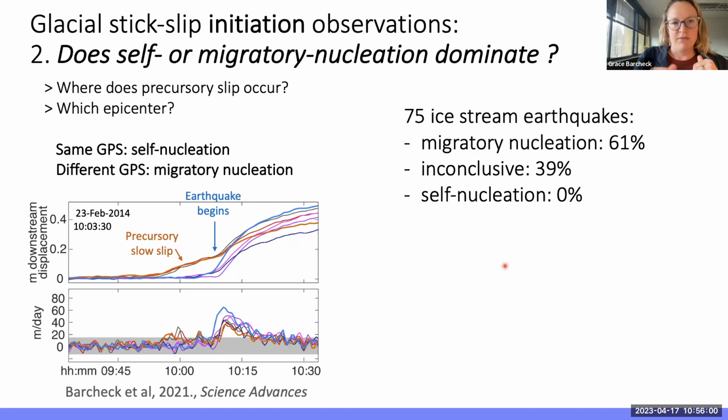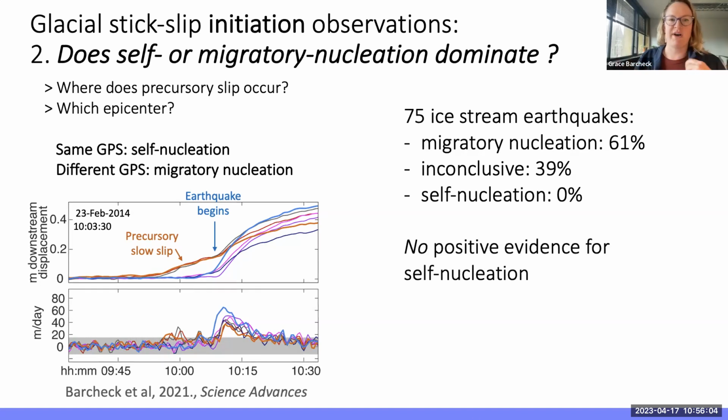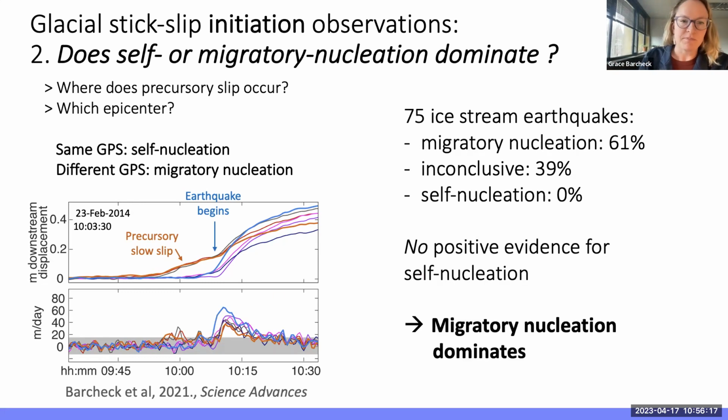And then none of them show evidence of self-nucleation. So there's actually no positive evidence for self-nucleation, meaning there's never a slow slip event on the blue site, and then the blue GNSS accelerates first into the main shock. We never see that. So on this particular glacial fault, it looks like migratory nucleation dominates.